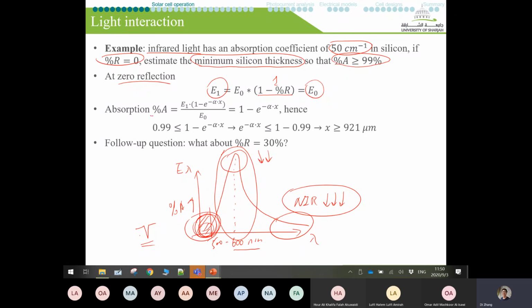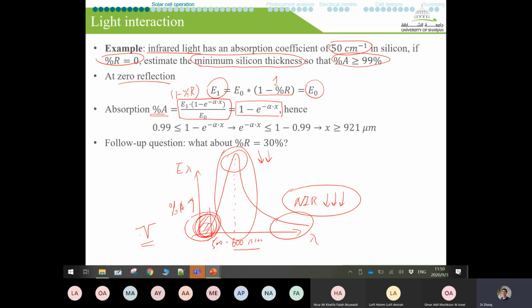So for the absorption percentage, from the previous equation we have this one, but remember that 1 minus R is basically eliminated. Okay, so from here, we write directly that absorption percentage equals 1 minus exponential negative alpha times the depth of the material, which is x.